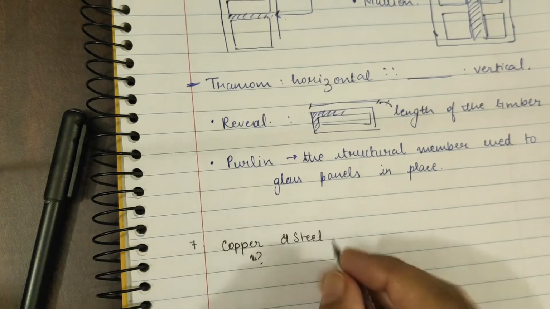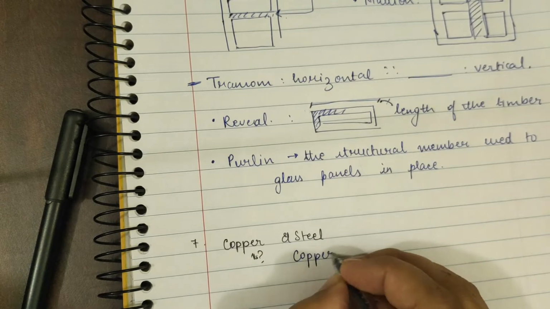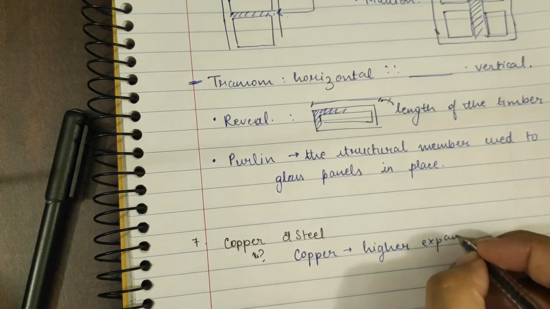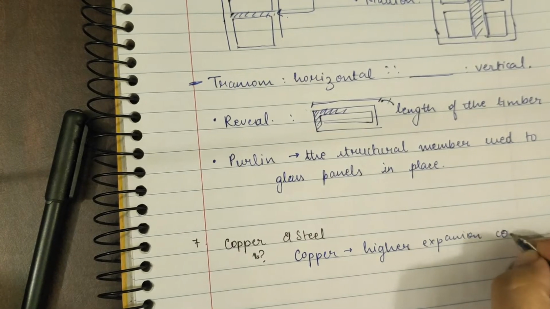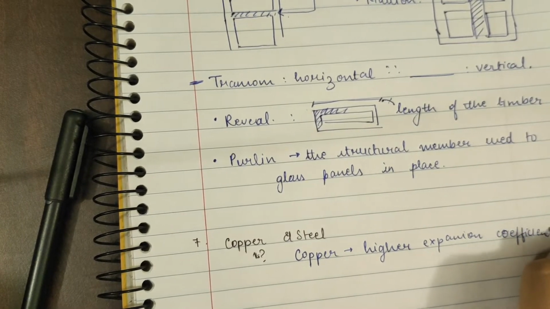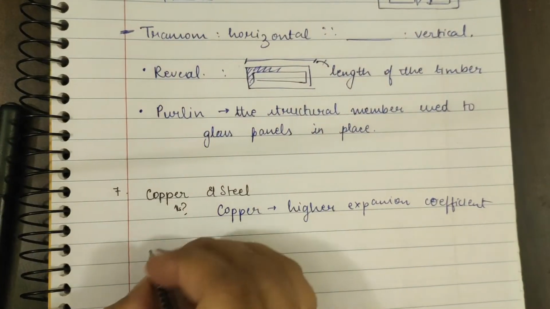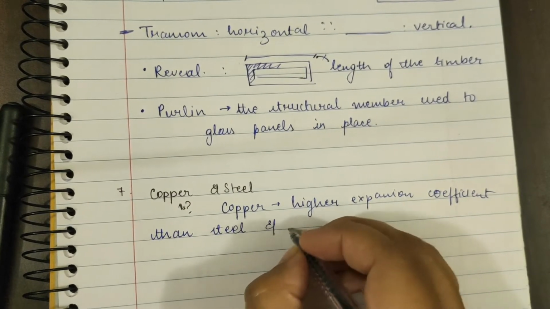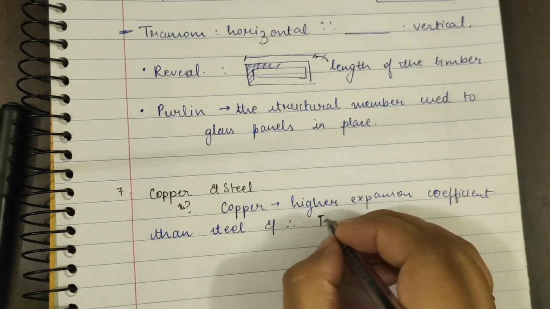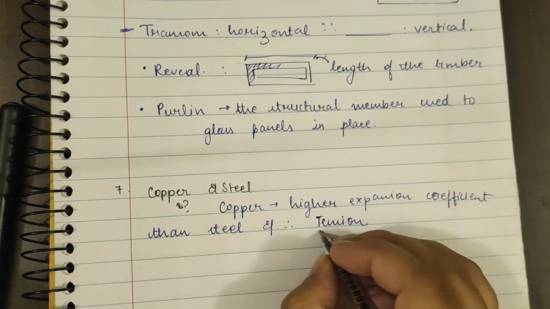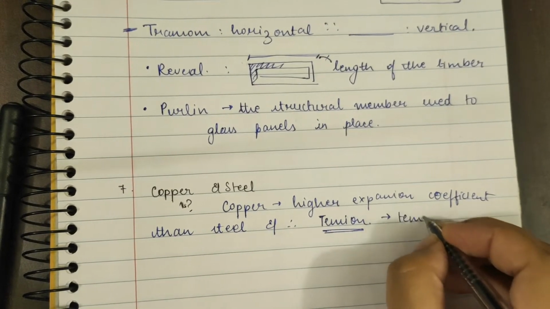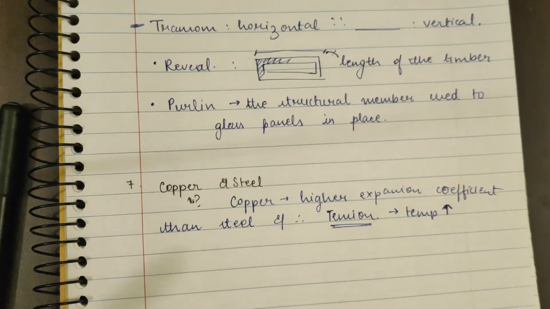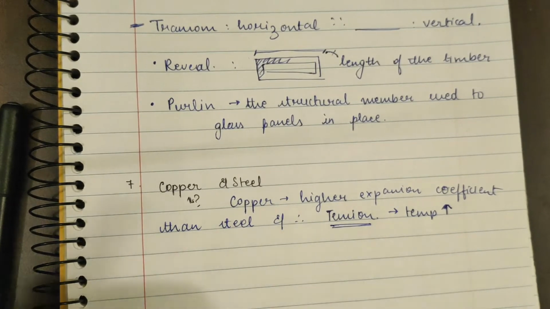Copper has a higher expansion coefficient than steel, and therefore it will be in tension when the temperature is raised. When temperature goes higher, copper becomes in tension as compared to steel.